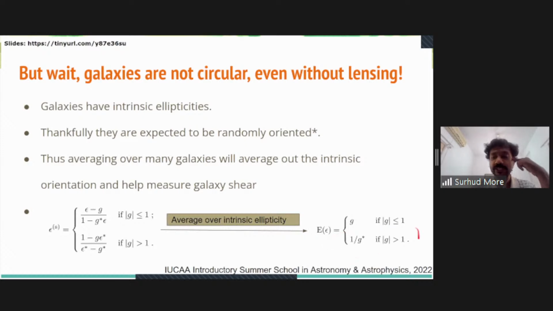This particular quantity is of less interest because this happens very close to the center of the cluster. So we will not be considering this particular part, but it's mainly this particular equation that gets used, right? So you take the ensemble average of the observed ellipticities of galaxies, and it tells you what is the reduced shear at that location. And if we are in the weak lensing regime, the reduced shear is the same as the shear at that particular location. Okay.